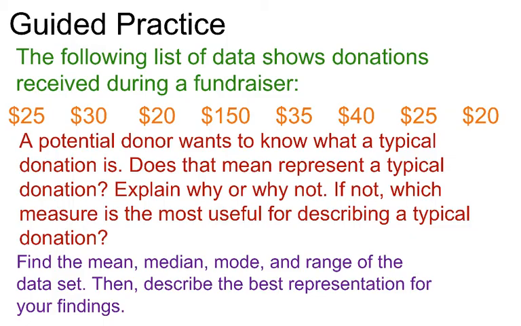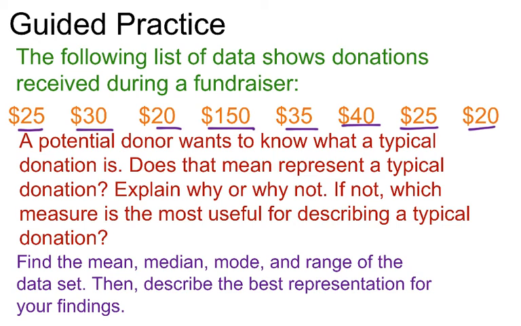Let's try. The following list of data shows donations received during a fundraiser. So we have $25, $30, $20, $150, $35, $40, $25, and $20. A potential donor wants to know what a typical donation is. Does the mean represent a typical donation?